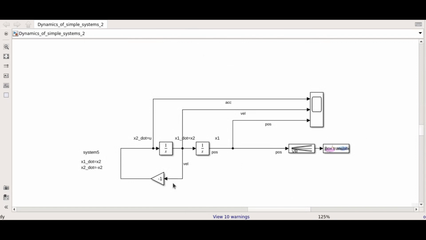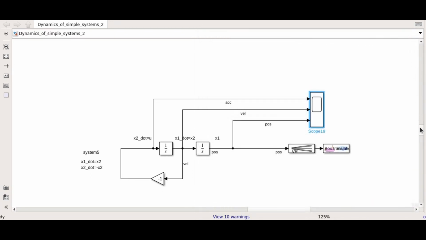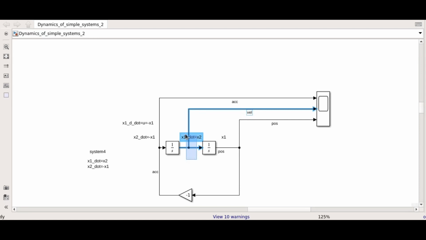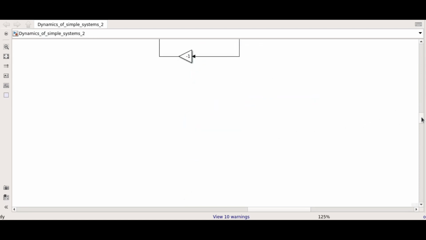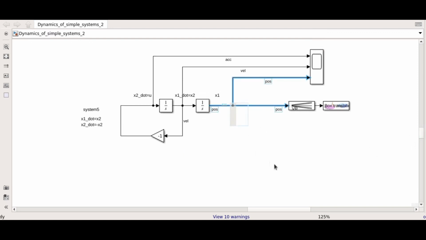We were feeding negative velocity as acceleration, and we are able to bring acceleration and velocity to 0. But in system 4, there was no action taken based on the velocity of the system. In system 5, there was no action taken based on the position of the system. So in both the cases, we were not able to control all the states of the system.